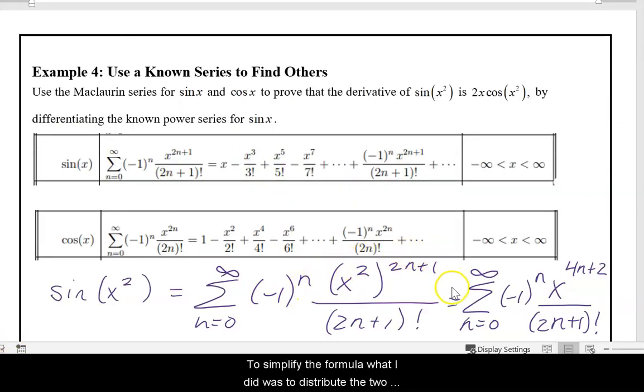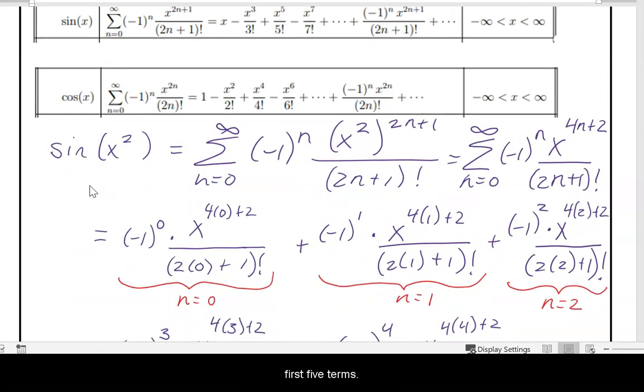To simplify the formula, what I did was to distribute the 2 over the 2n plus 2. This gave me a power on x of 4n plus 2. Nothing else changed in the formula. The next thing I did was to expand it by writing out the first 5 terms.